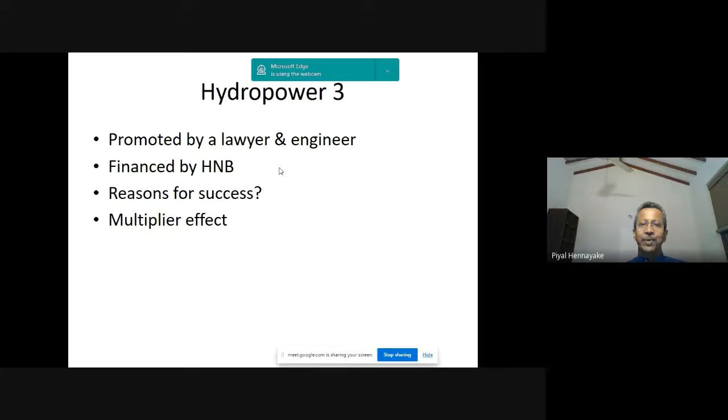This lawyer later went into real estate development, because after doing the project, then I didn't continue in the project finance. They have sold the power plant, and the lawyer went into real estate development. The engineer continued in hydropower.